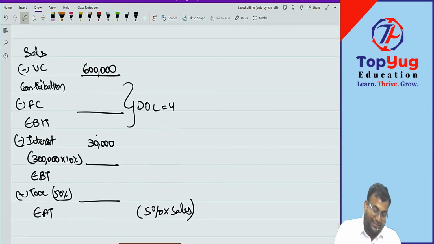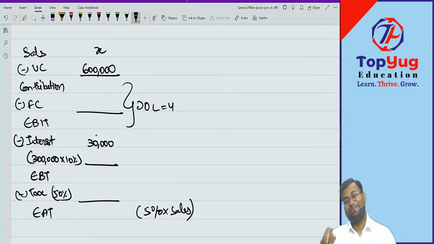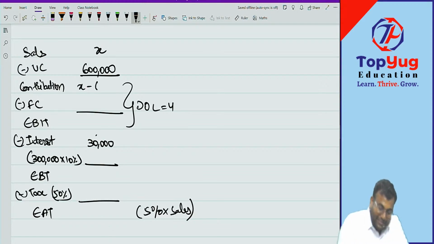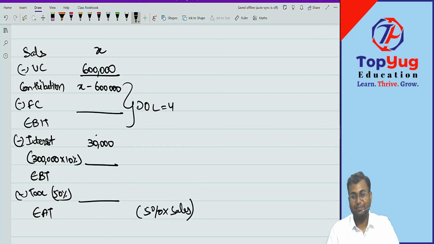Okay, let's take this as X. So people who don't like mathematics have to love it now. So contribution will be X minus 6 lakhs. And this EAT would be 0.05x.